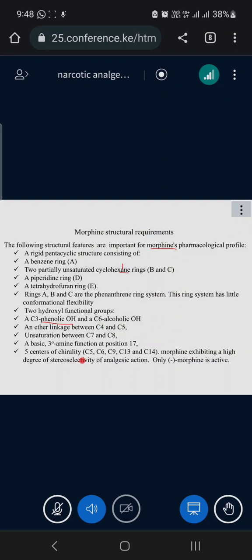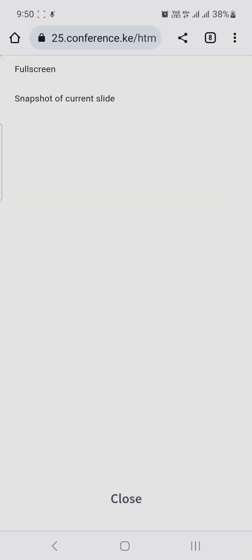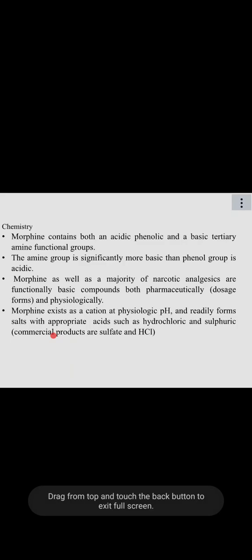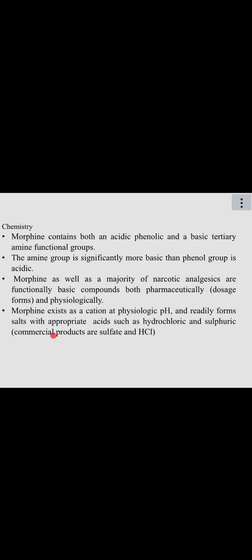The levorotatory morphine is amphoteric, and if it is amphoteric, can we explain whether it is ionized at physiological pH? And if it is ionized, can we explain? If you look at morphine, we can say it has 2 groups. It has one group which is highly basic.